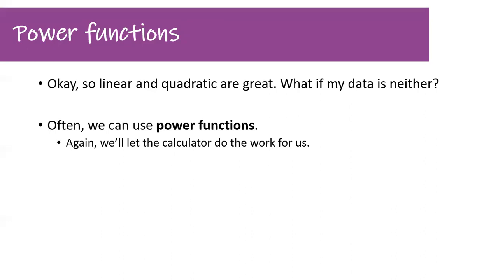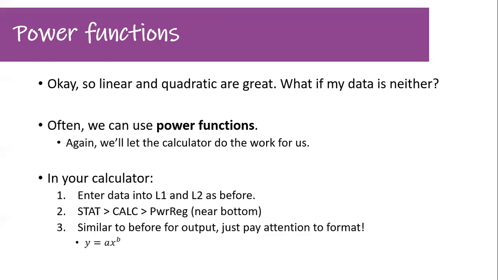Again, we're going to let the calculator do all of the work for us in a power function. In your calculator, it's going to be strikingly similar to what we've already done today and what we did in chapter 2. Enter your data into L1 and L2 just like before, and you're going to go to Stat, Calc, and instead of choosing linear regression or quadratic regression, now you're going to scroll all the way near the bottom and choose Power Reg or PWR Reg.